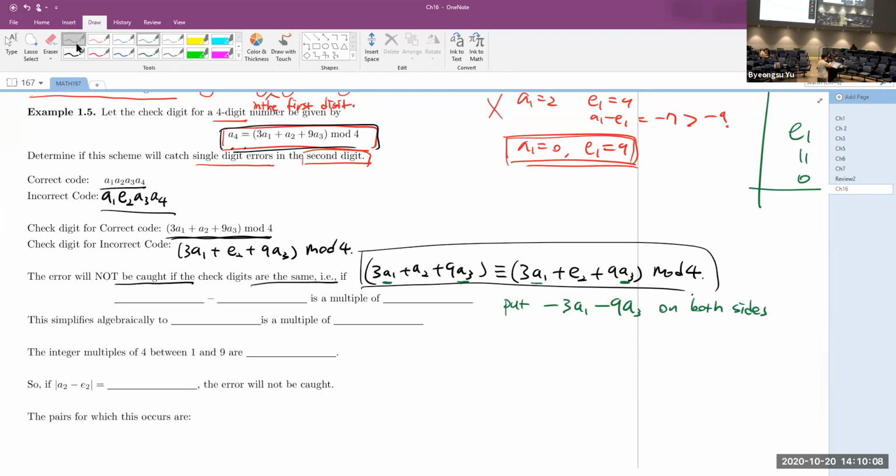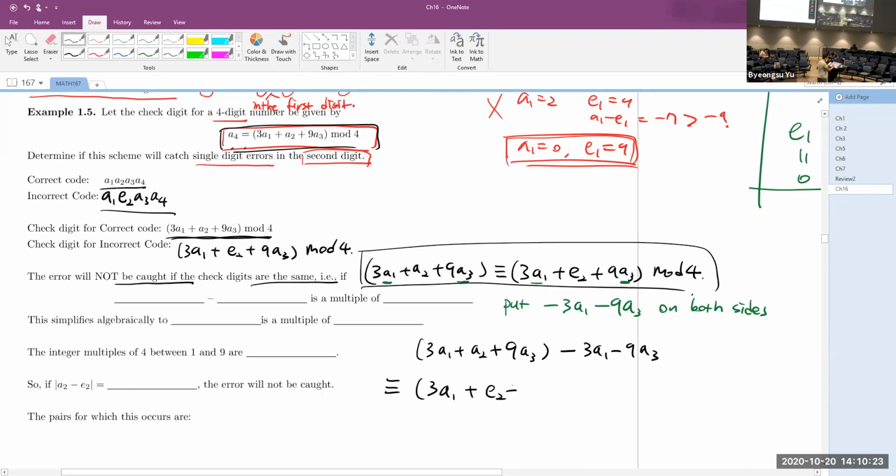Then what you get is 3A1 plus A2 plus 9A3 minus 3A1 minus 9A3 is equivalent to 3A1 plus E2 plus 9A3 minus 3A1 minus 9A3 mod 4.